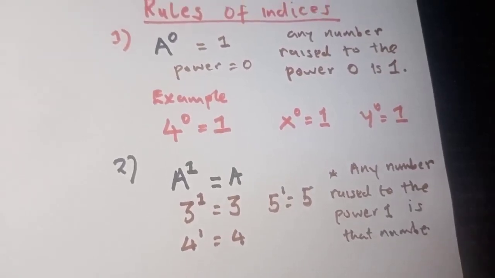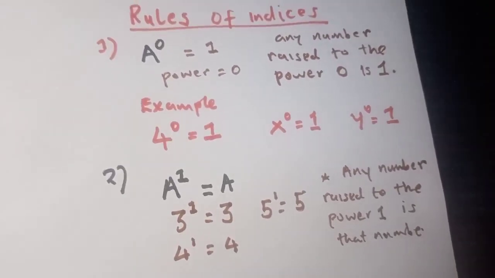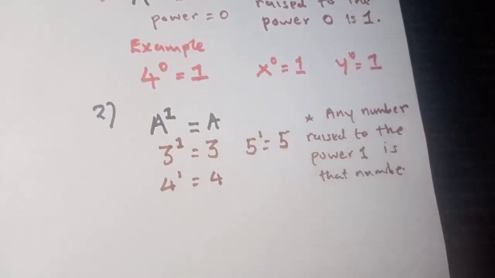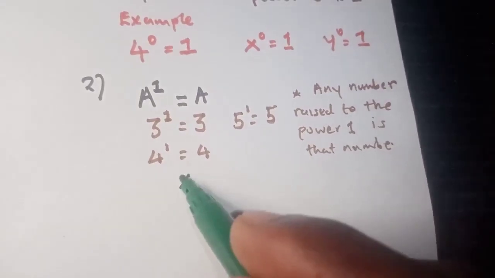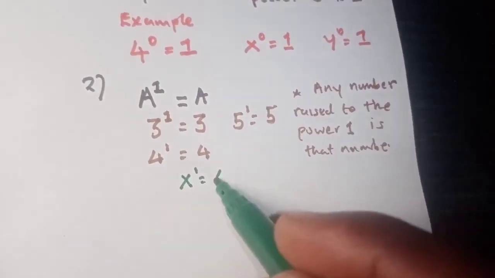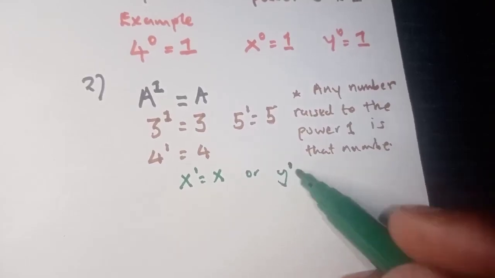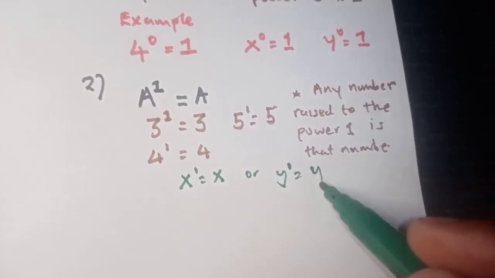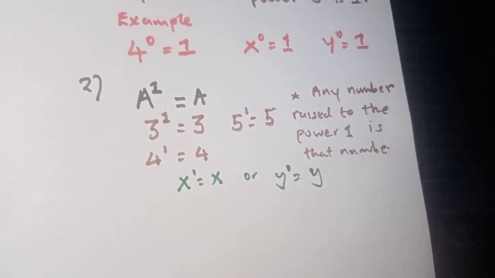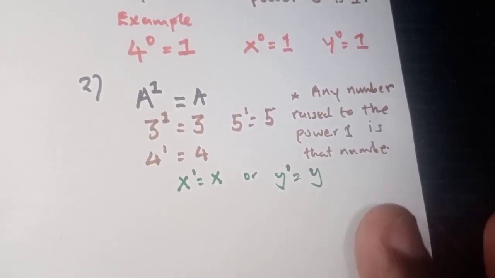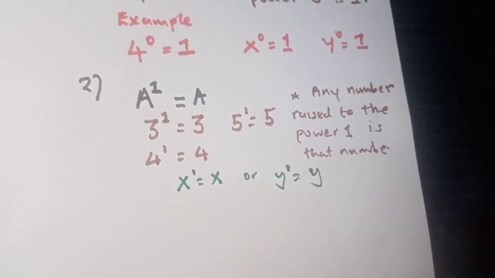This does not only apply to numbers, but also to variables, what we call letters. Similarly, x raised to the power 1 is x, and y raised to the power 1 is y. So that is this rule. Very, very simple.